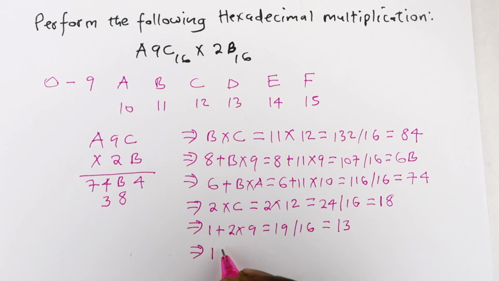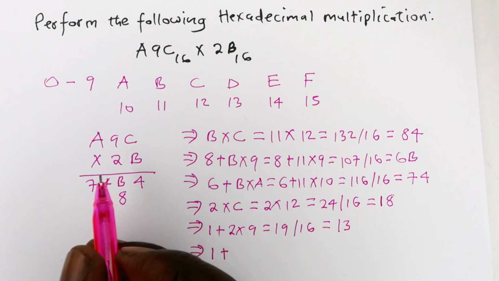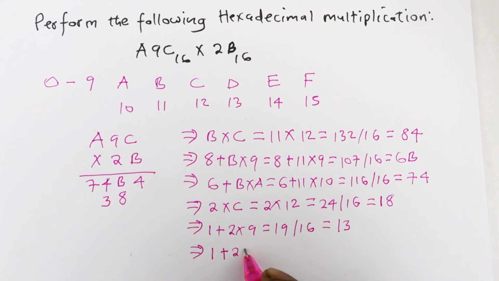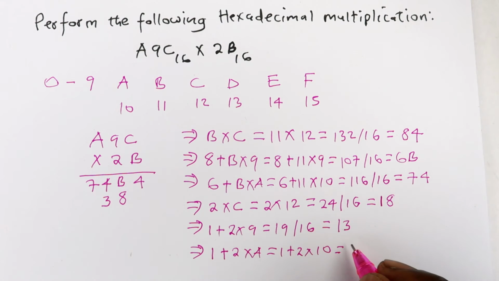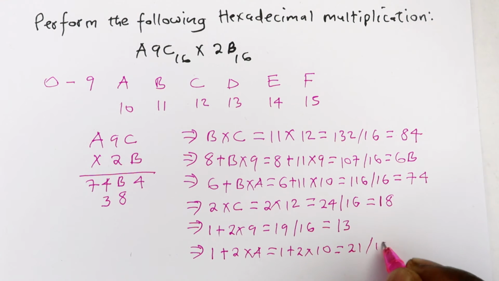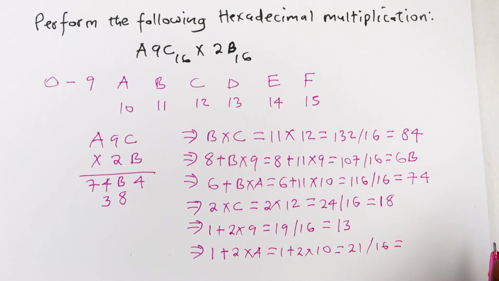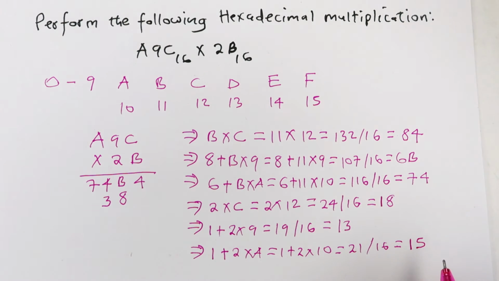So the next step will be the carry, plus the next multiplication, that is 2 times A. So 1 plus 2 times 10, and you're going to get that to be 21. So divide 21 by 16 to get the corresponding hexadecimal number. So you have 16 into 21 one time, and then there's a remainder of 5. So it means the hexadecimal number in this case is 15.